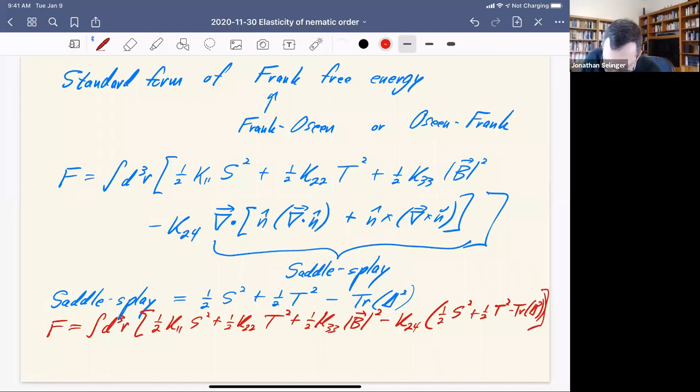Now, let's multiply out and collect up the terms. Okay?